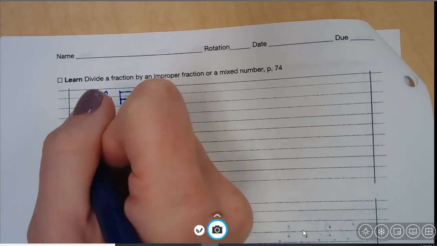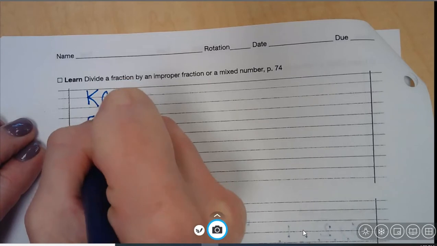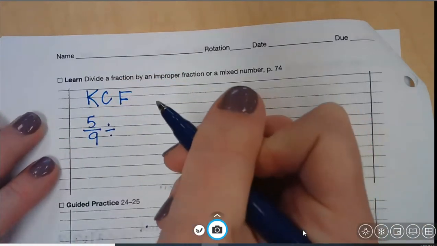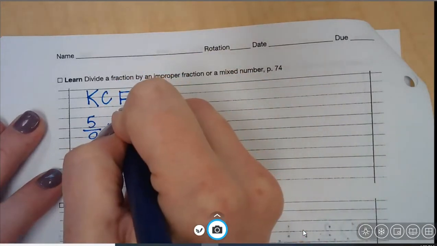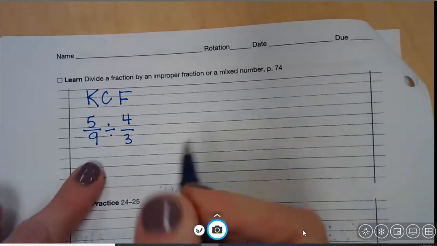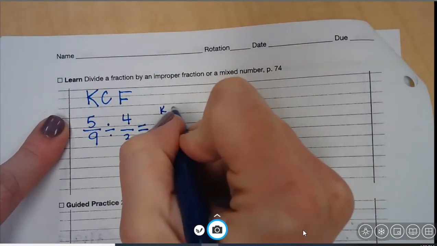So if I was going to take a fraction like 5/9 and divide it by an improper fraction such as 4/3, I write down what is that equal to.